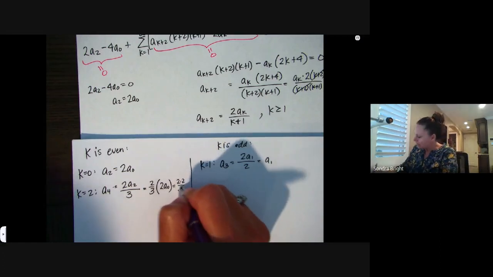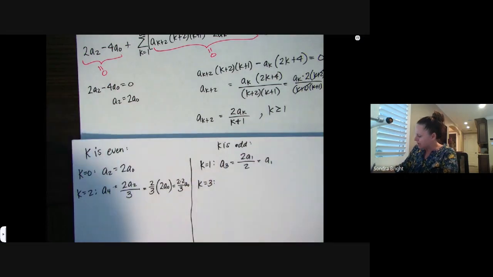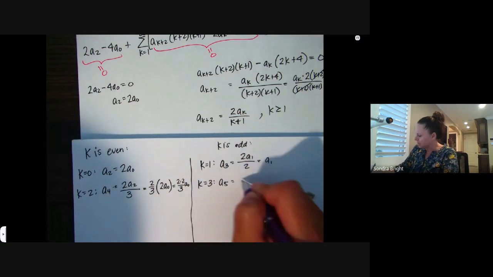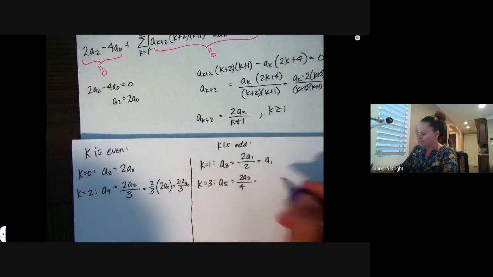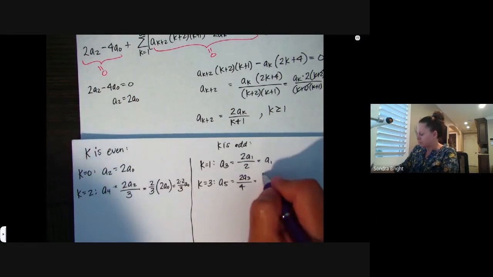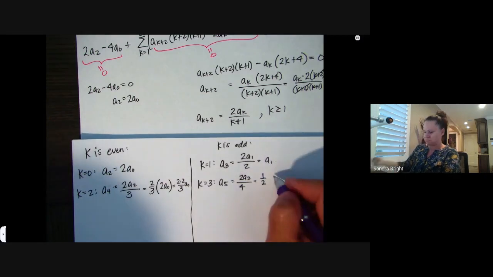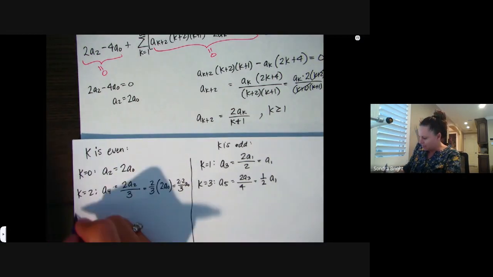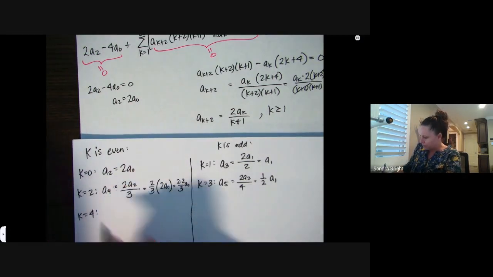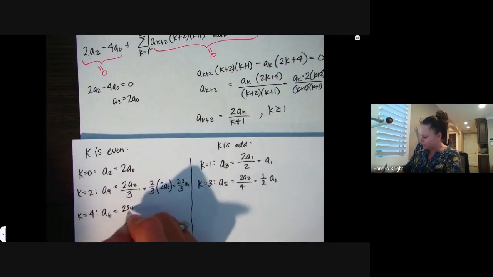All right, when K is 3, you would have A5 is equal to 2A3 over 4. So that's just a 1/2 A3. But then A3 is A1, and so 1/2 A1. When K is 4, we would have A6 is equal to 2A4 over 5.